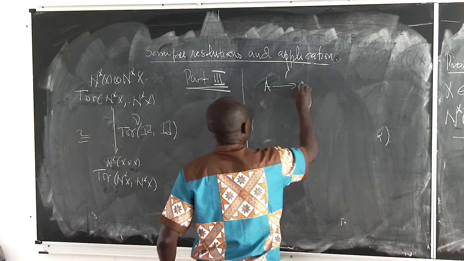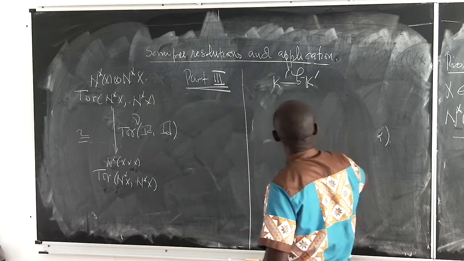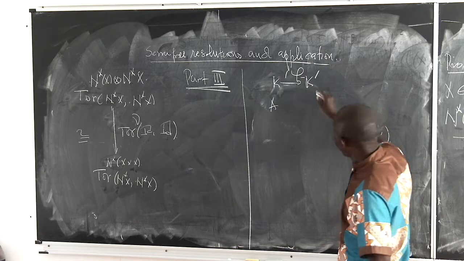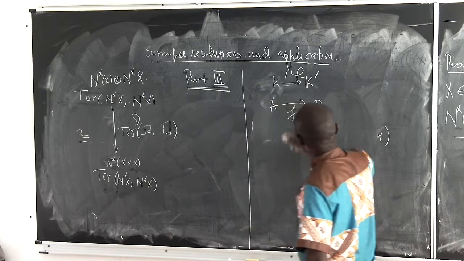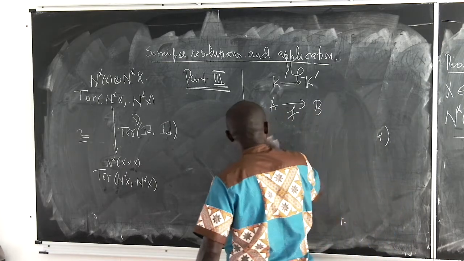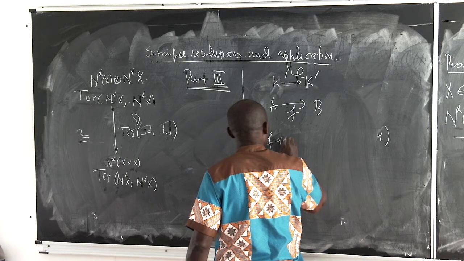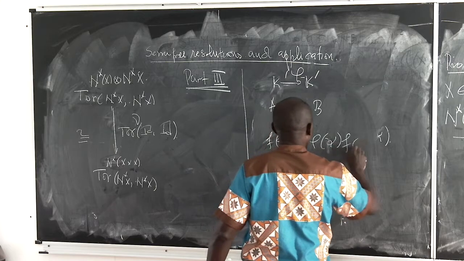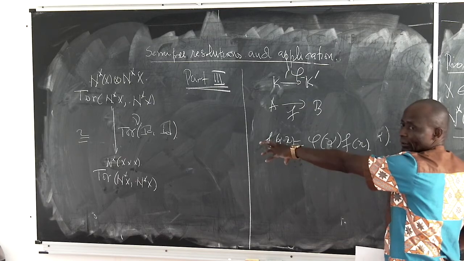Let's have here like this. We have A a k vector space, B a k prime vector space. We have here f a linear map from A to B, which means that f of alpha x is equal to phi of alpha f of x. This is exactly what I'm doing here.